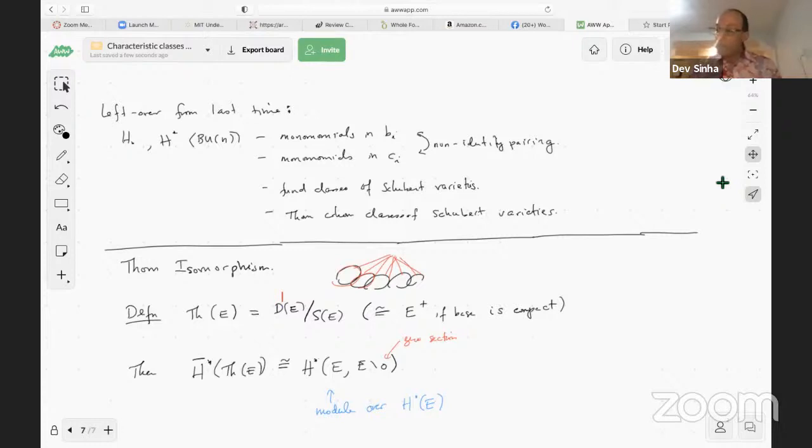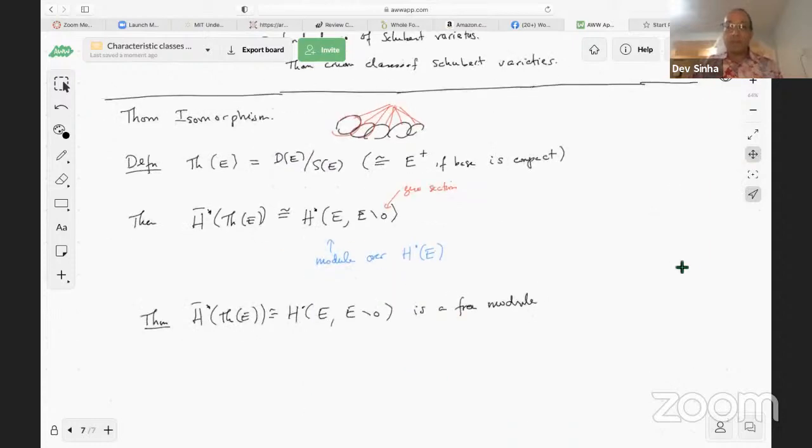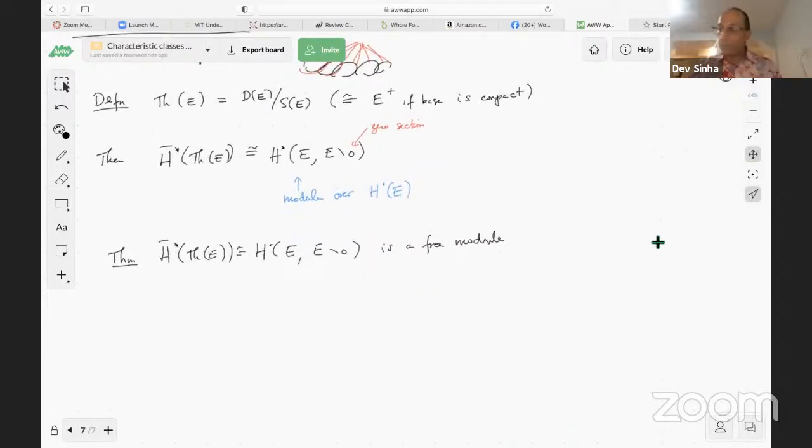And then one version of the Thom isomorphism theorem, using this, is that the reduced cohomology of this Thom space, which as we said is the cohomology of this pair, is a free module of rank 1 over the cohomology of E, which is also the same as the cohomology of the base.